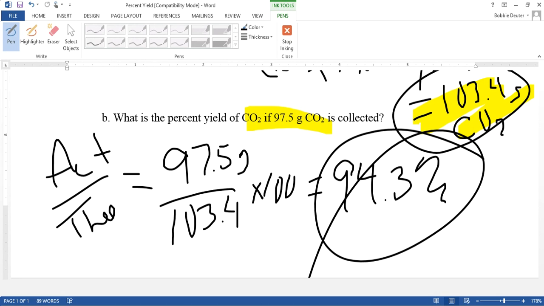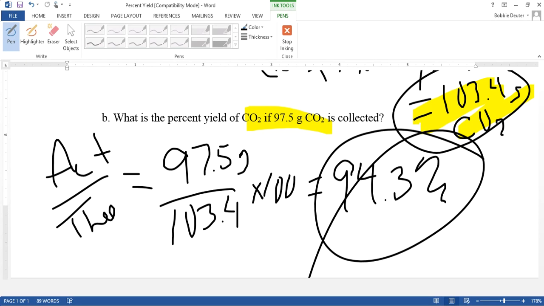Now, you'd have to do a chemical analysis to make sure. Things like the melting point would be one thing that you could do to make sure that you had the right product. But overall, if you have an actual yield that is either way above or way less than your theoretical, giving you a percent yield that is not between 85 and 100%, something went wrong with the experimentation.